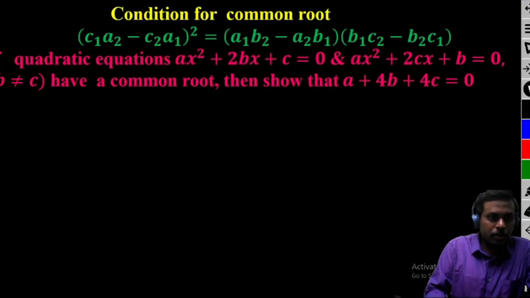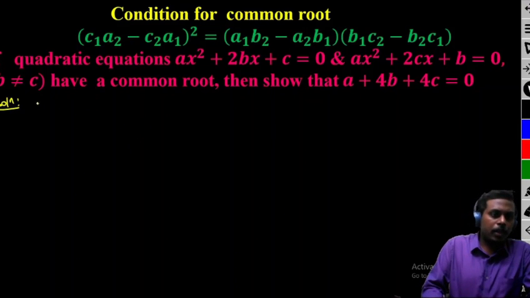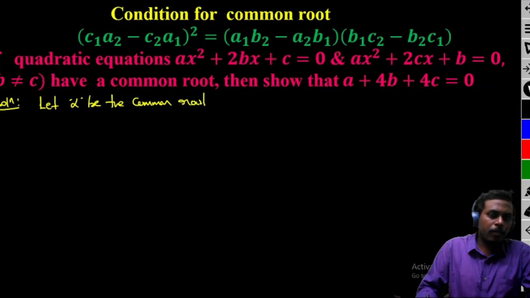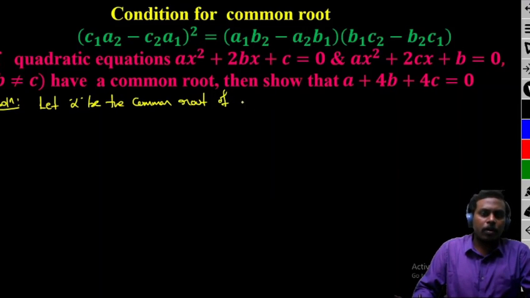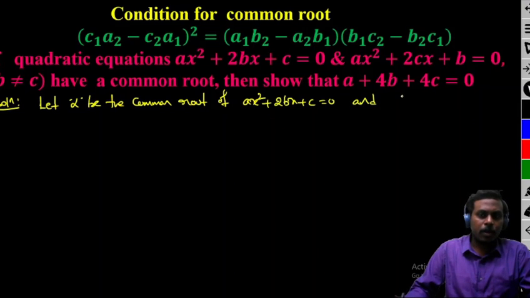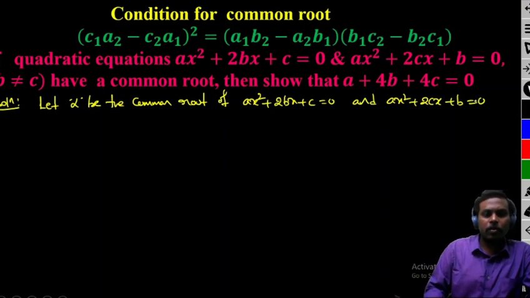So yes, solution. Here is the solution. Okay. Let alpha be the common root of ax square plus 2bx plus c is equal to 0 and ax square plus 2cx plus b is equal to 0.